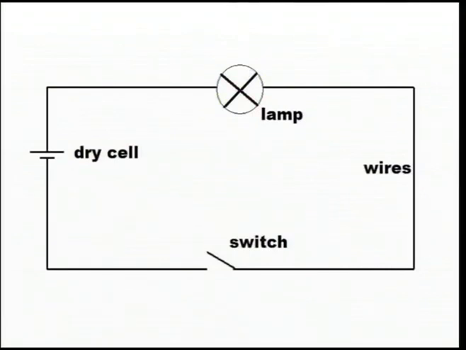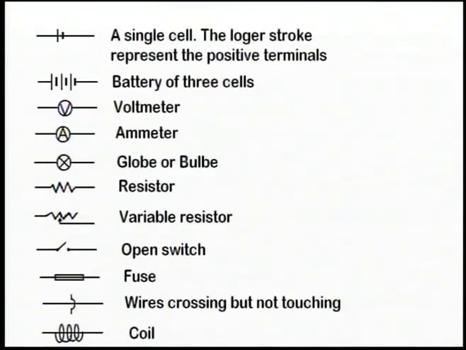I'd like you to quickly get this down. This will help you when you draw your diagrams. These are circuit symbols. The first one you can see on the screen, the symbol has 2 strokes. One is a bit longer than the other. The larger stroke represents the positive terminal.